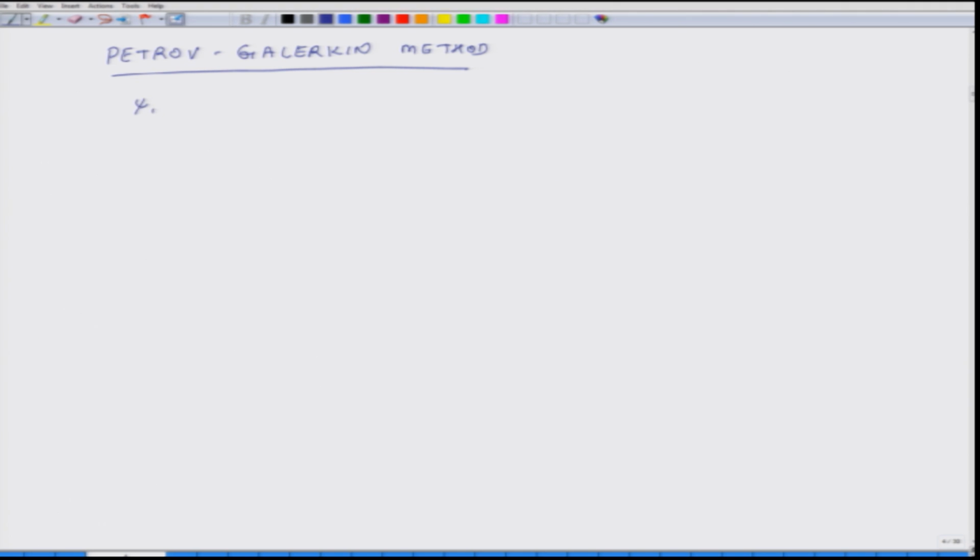This is my weight function psi I, and my u is represented as the sum of phi j times C j. This is my primary variable.